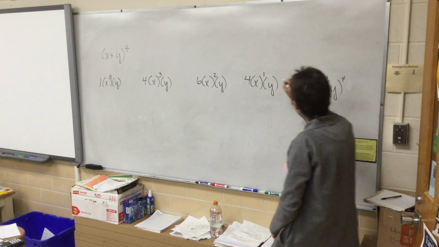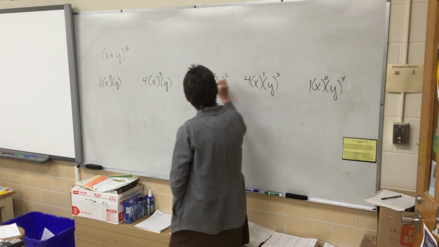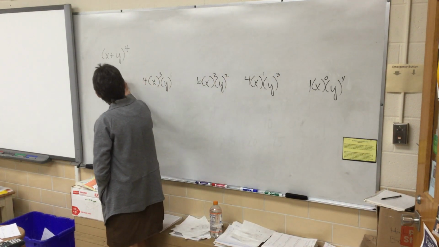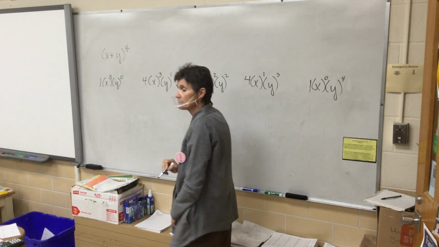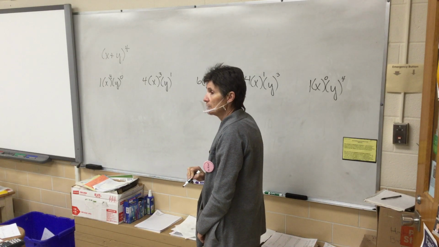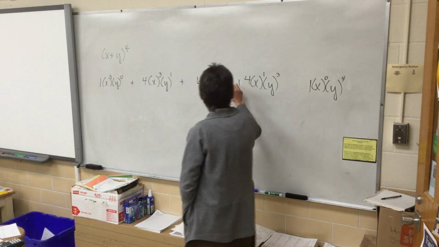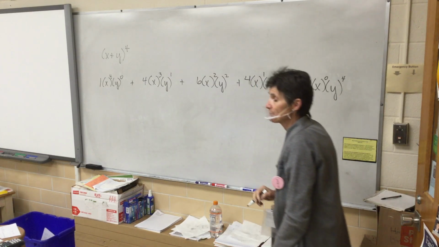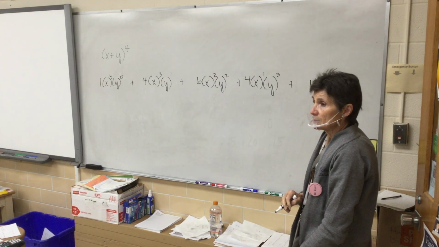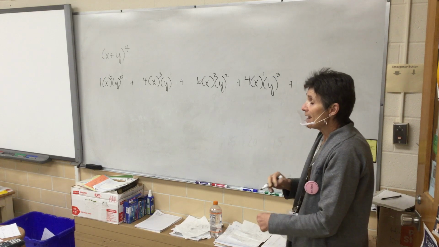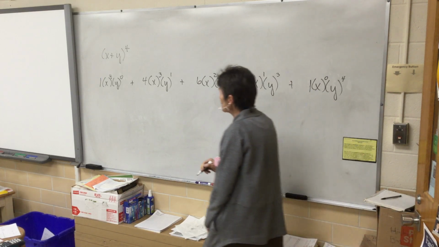So 0, 1, 2, 3, 4. Put plus signs between each term and do any simplifying that you can do.